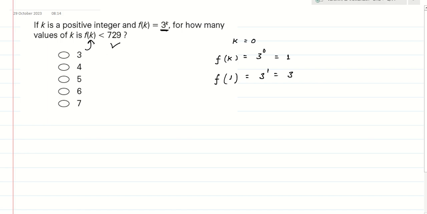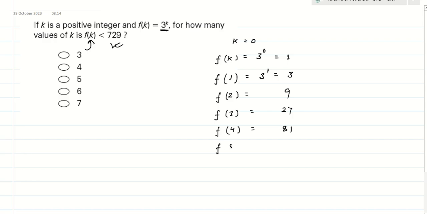Also condition verified. Now if k equals 2, how much will you get here? 9. If k equals 3, 27. If k equals 4, the input is 4, that is 81.